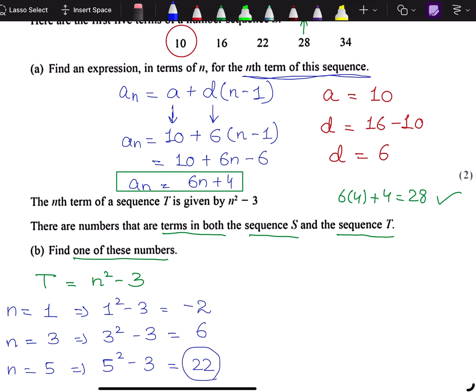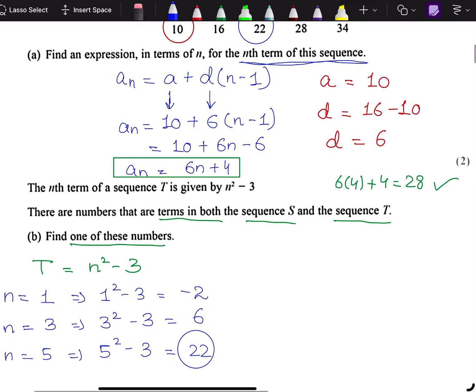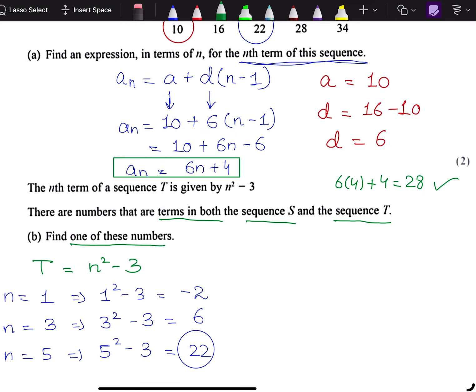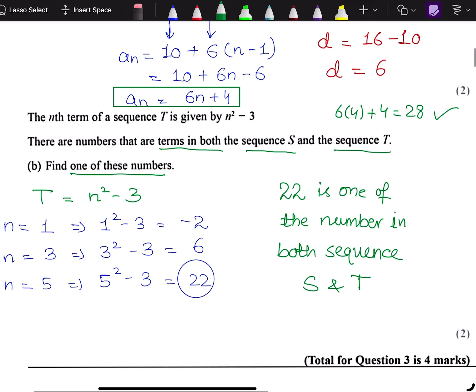So I guess we have got that value, because 22 is a term which is present in both the sequences S and T. There can be other terms as well, but since in the question he is asking for any one term, we can say that 22 is one of the numbers in both sequences S and T. That's it. We will conclude this question here, and this will award you 2 marks.